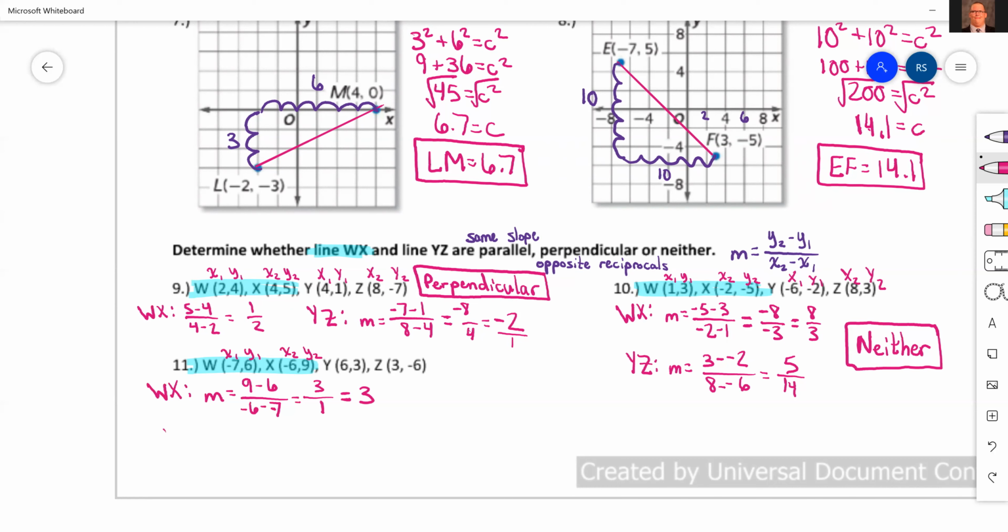Then we have our YZ here. Label the points.